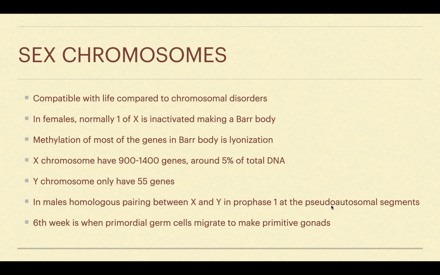Though it's on the X chromosome, these parts code for genes similar to autosomes, and they're passed down like the way autosomal dominance and recession occurs. And in the 6th week is when the primordial germ cells migrate to make the primitive gonads.